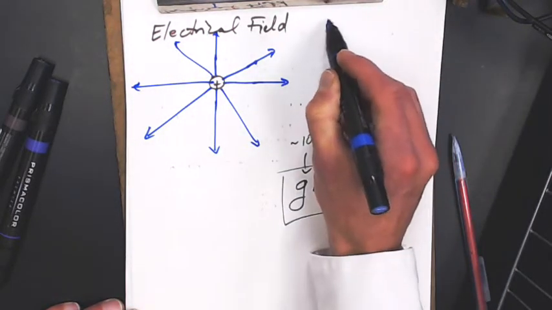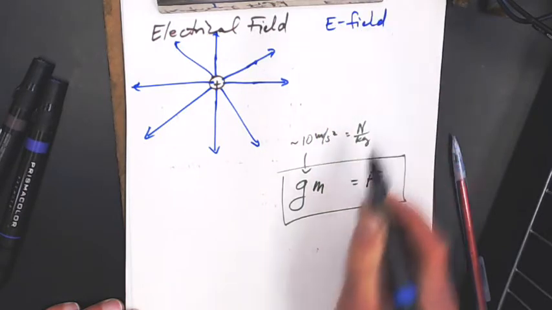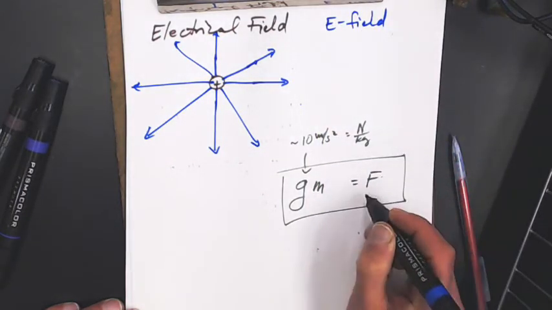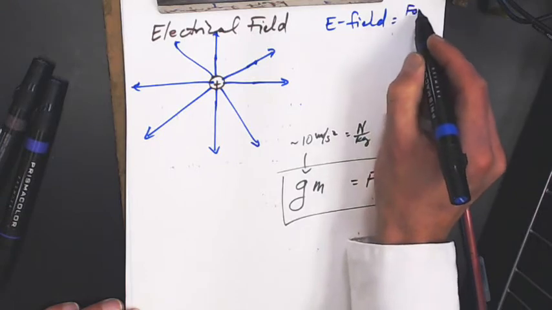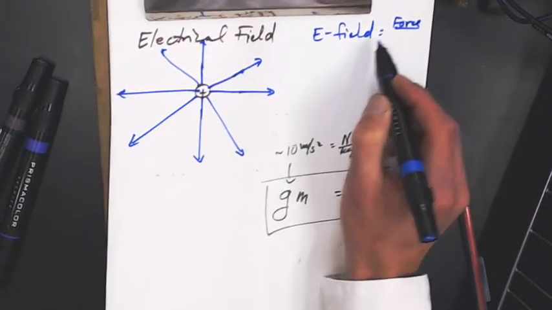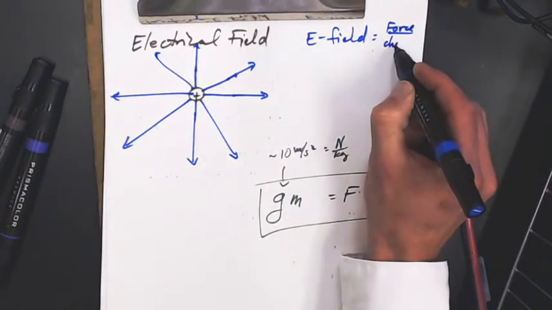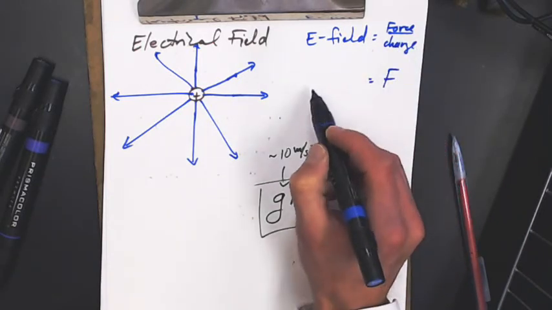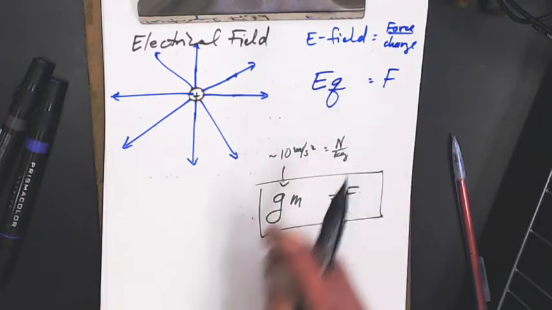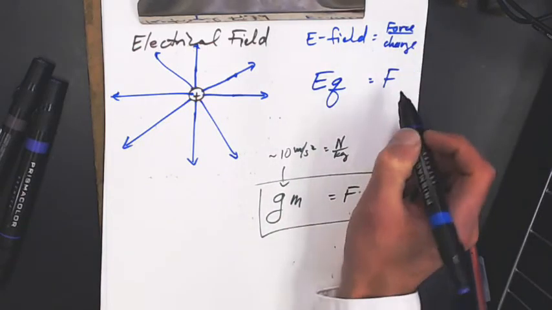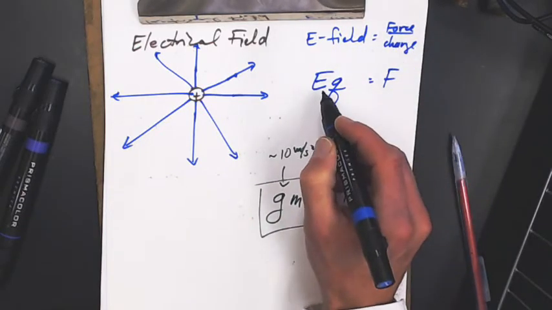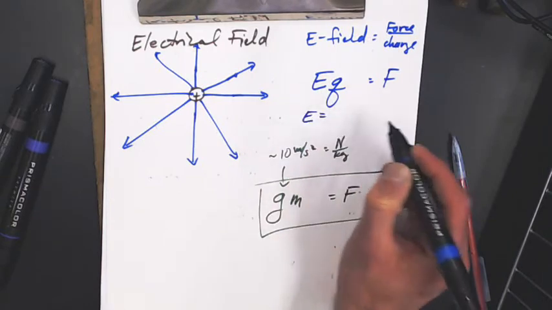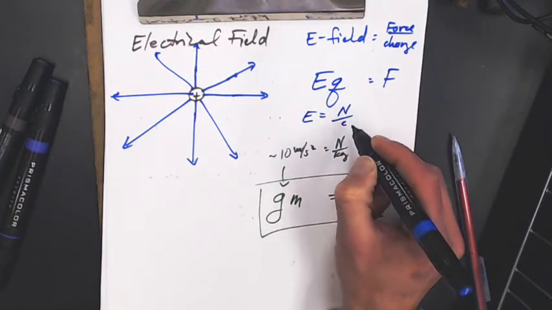And now I have this E field. By symmetry, it's got to be some force per stuff, but what's my stuff in the electric field? It's charge. So if I move this around, F equals EQ, where E is the electric field strength, in newtons per coulomb.